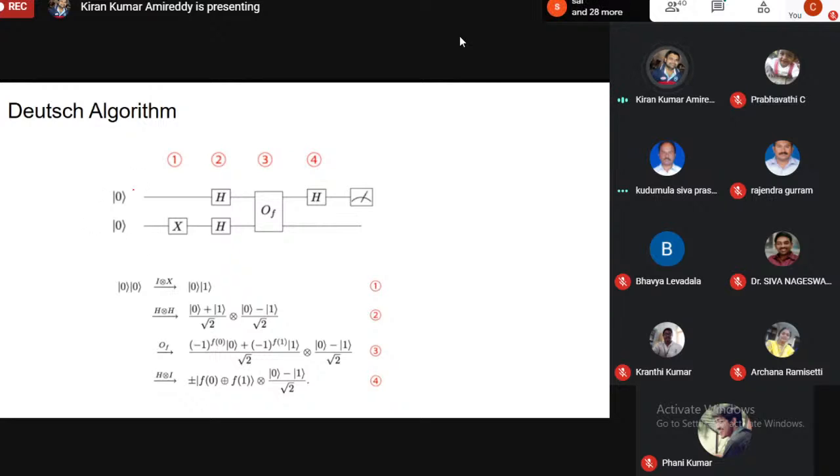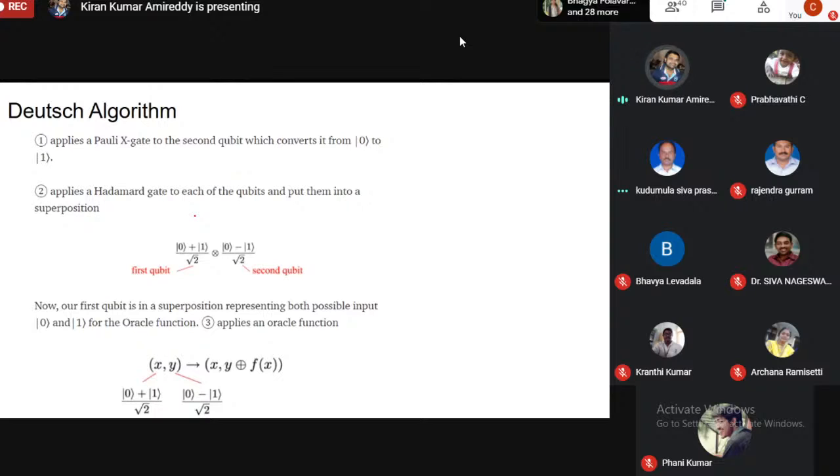So this is the given. You can take anything, either 1 1 or 0 1 or 1 0, up to you. First, one qubit is given. The first operation here: the Pauli X gate is operating on the qubit.